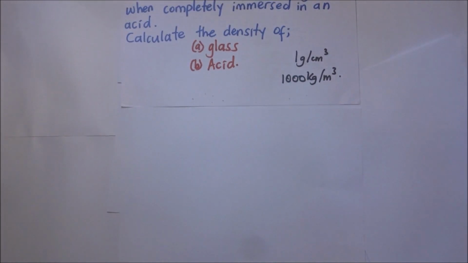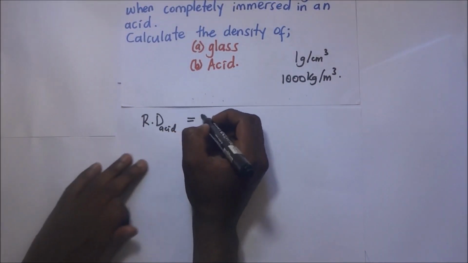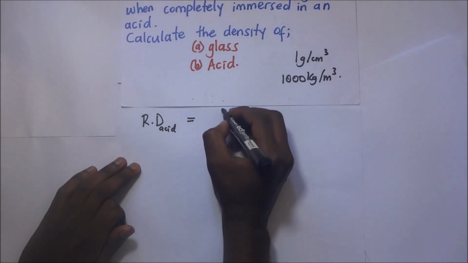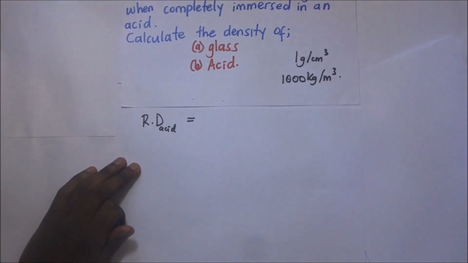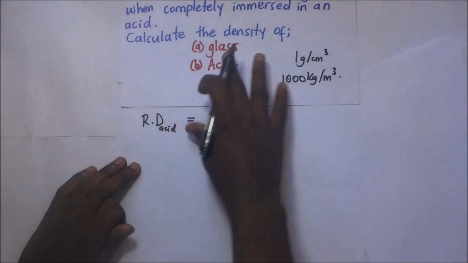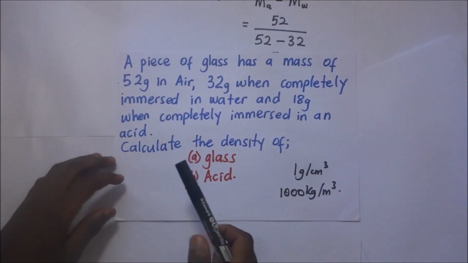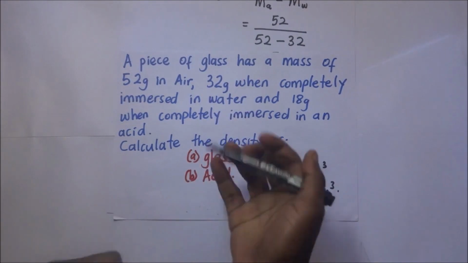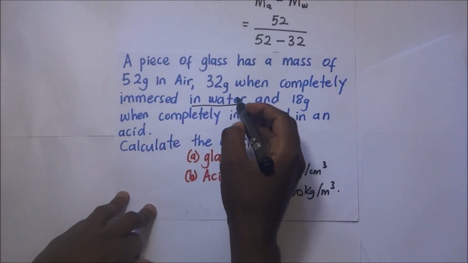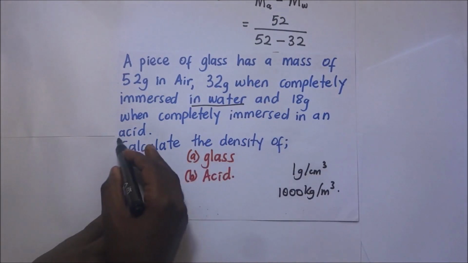So the relative density of the acid is given by the apparent loss in weight of this piece of glass. Remember, this piece of glass was first completely immersed in water, and then it was also completely immersed in the acid.